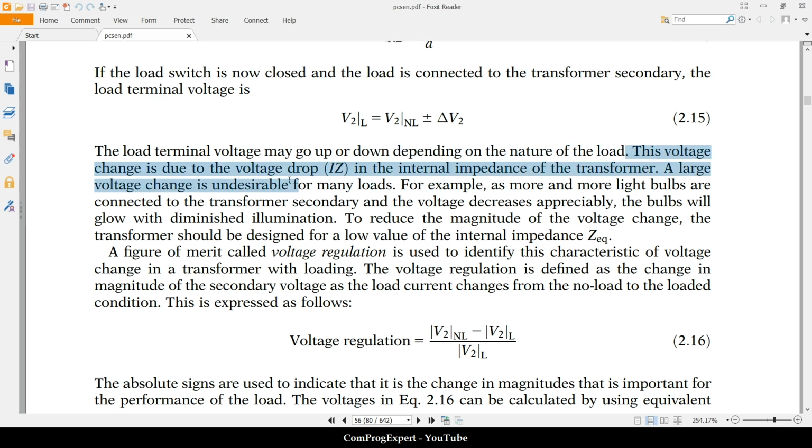This voltage change is due to the voltage drop in the internal impedance of the transformer. So a large voltage change is undesirable for many loads. Yes, the aim is to have a constant voltage amplitude for the secondary side of a transformer.